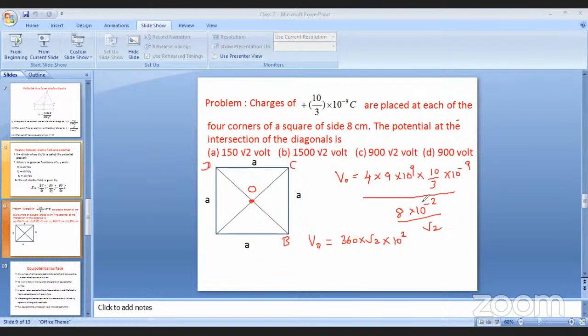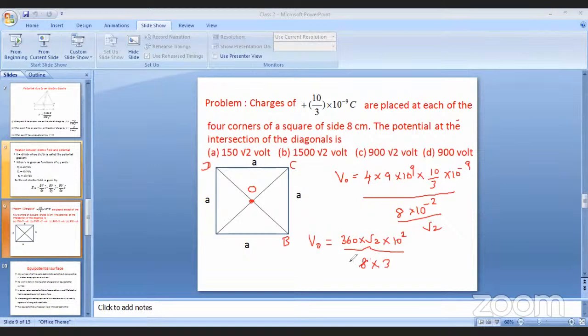This 10 power minus 2 when taken to the numerator becomes 10 power plus 2, and root 2 is taken to the numerator as root 2 only, divided by 8 into 3. Now you can cancel out all these things. So this is 8 and this is 3.